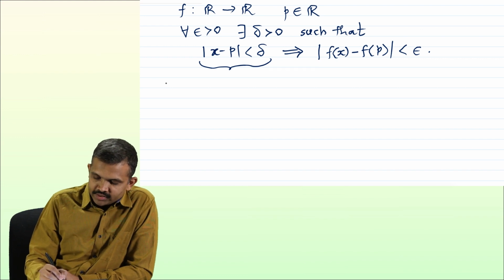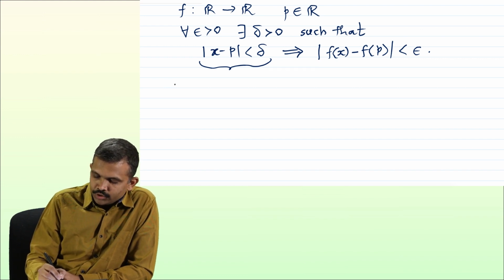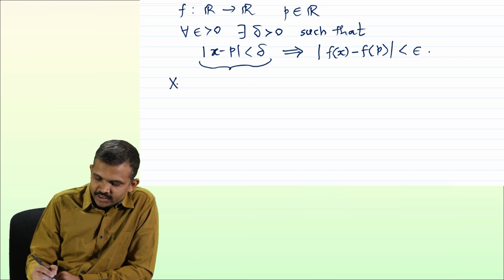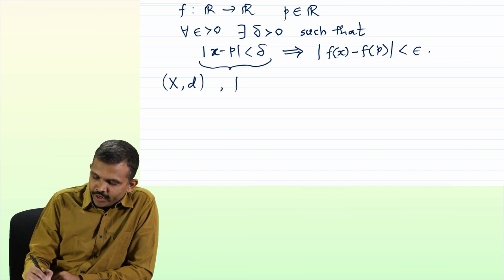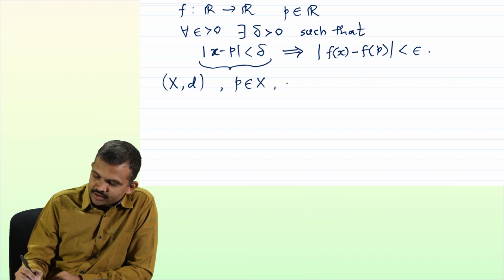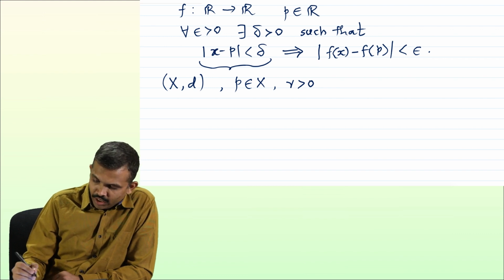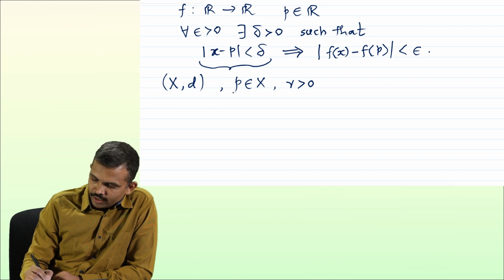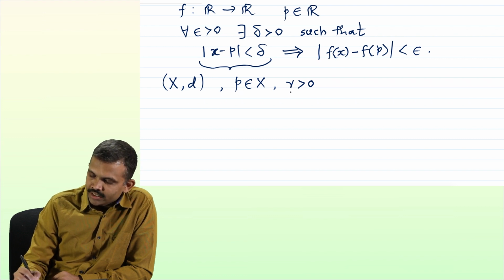So more precisely, let me give you a definition now. The definition in general can be for any metric space X. Let me take a metric space X with a metric d on it, and let me fix some point p in that space. Let us take some r positive, a positive real number. I want to talk about the open ball which has center p and radius r.